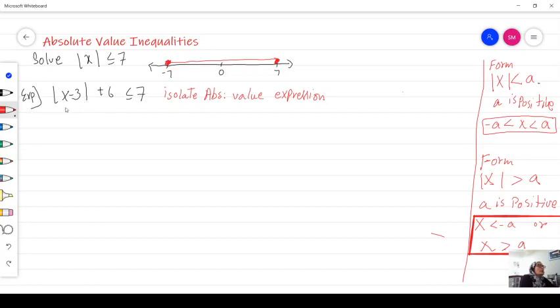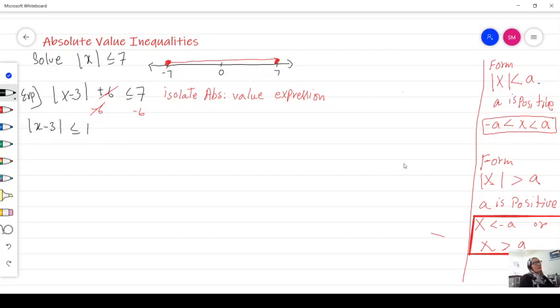So subtract 6 from both sides. They cancel, and I'm left with the absolute value of x minus 3 less than or equal to 1. The reason we are trying to isolate this absolute value expression is that then we know this is less than or equal to, or greater than or equal to, a positive number. I'm interested to see if this number is going to be positive or negative. If it's negative, then there is no solution for it.